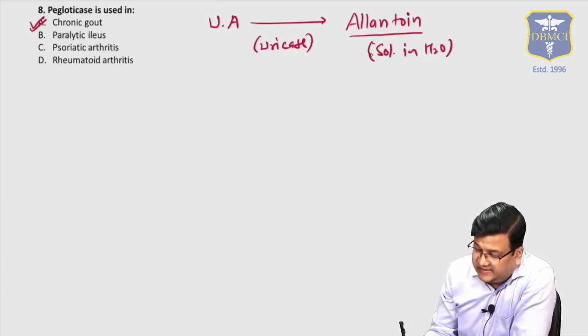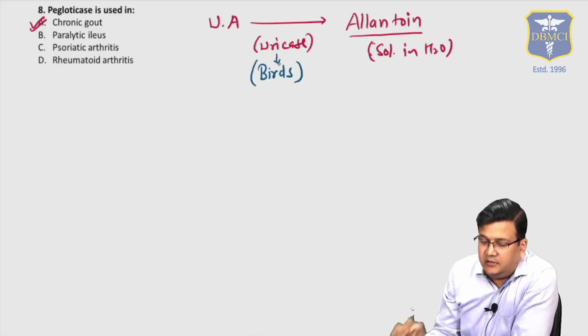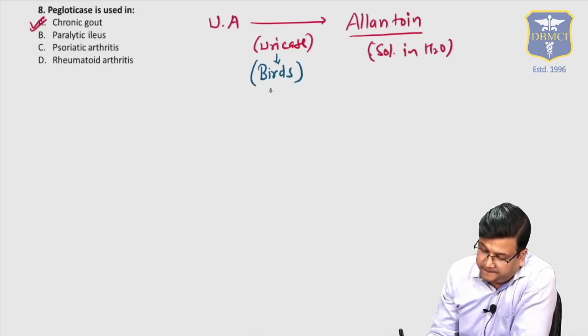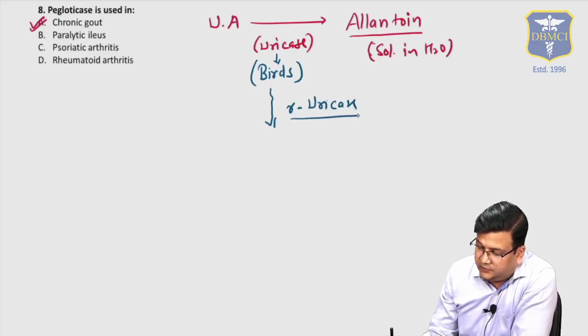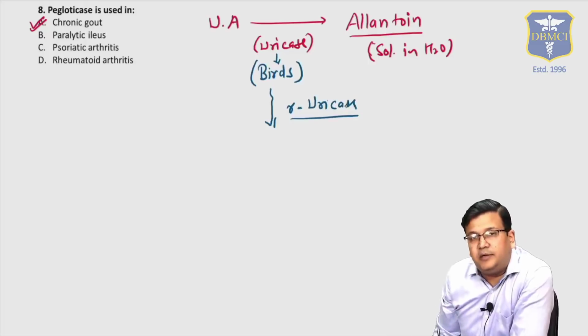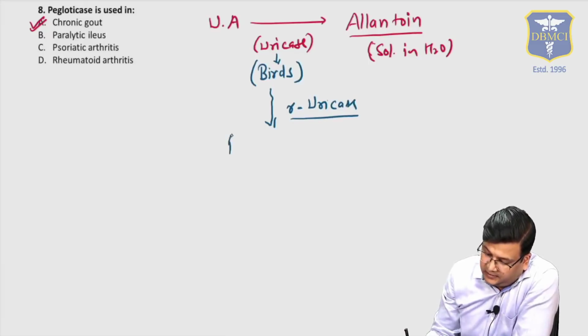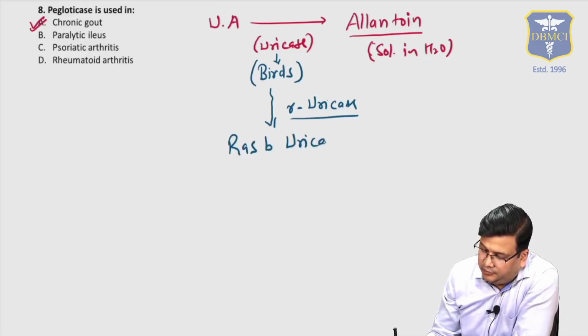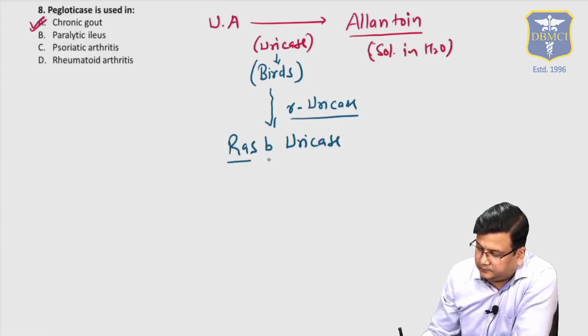But this uricase enzyme is present only in birds. This is not present in humans. So what we have done, we have made recombinant uricase enzyme. So we took the gene from birds, put this in E. coli and produced the recombinant uricase, that was known as Rasburicase.